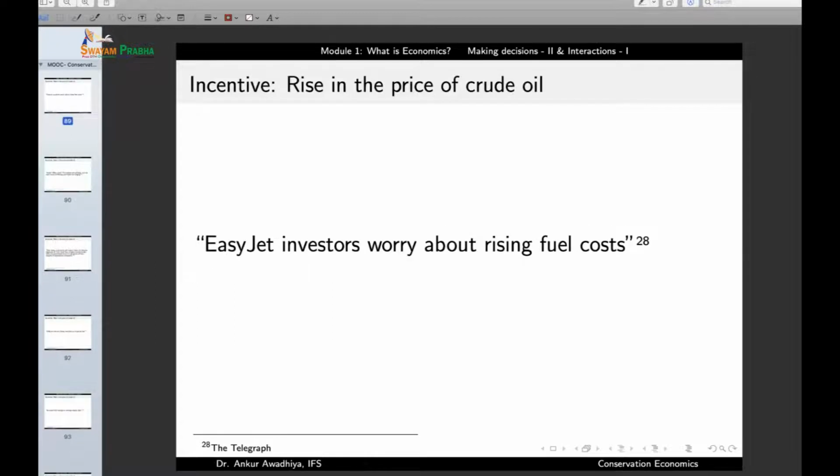EasyJet investors worry about rising fuel costs. When the price of fuel has gone up, the airlines are not that profitable. And if the airlines are not that profitable, the investors who have invested their money in the airlines will also be induced to act in certain ways. They will start thinking, okay, now the airline sector is not doing that good because their cost of operations has gone up, so my money is not safe.